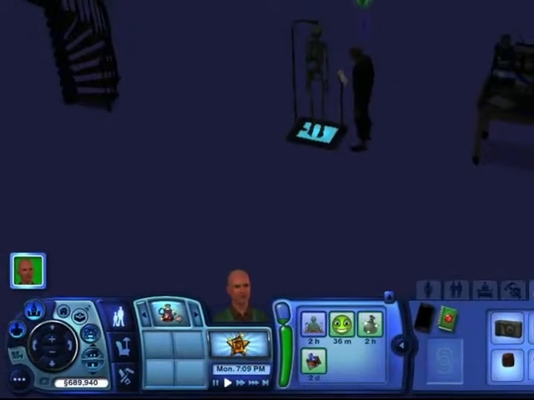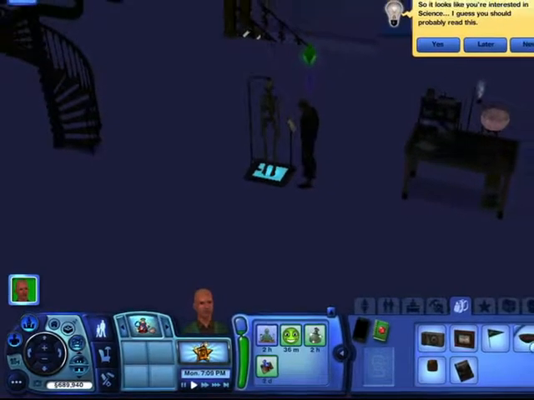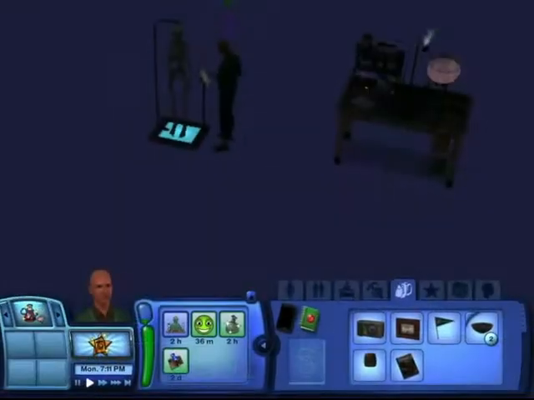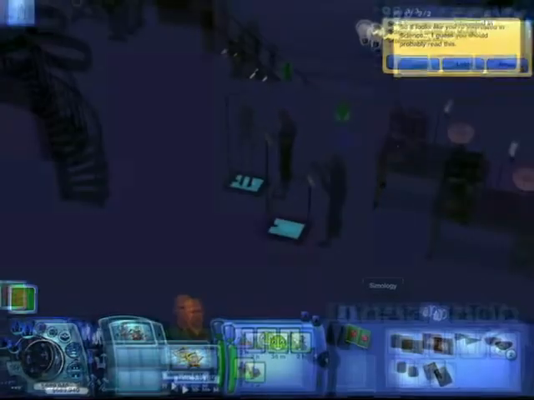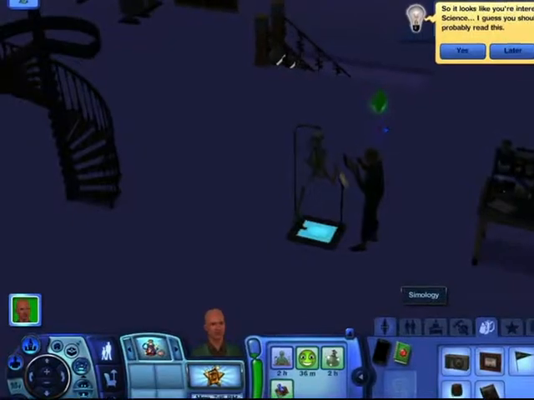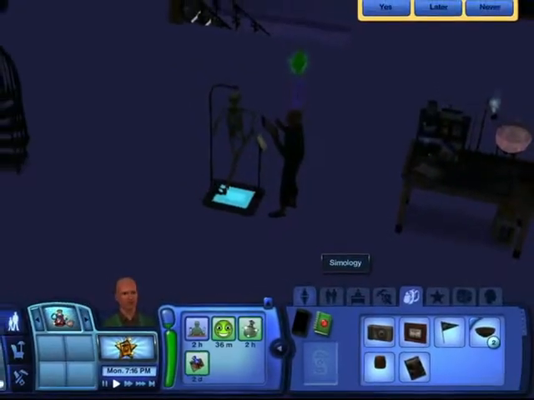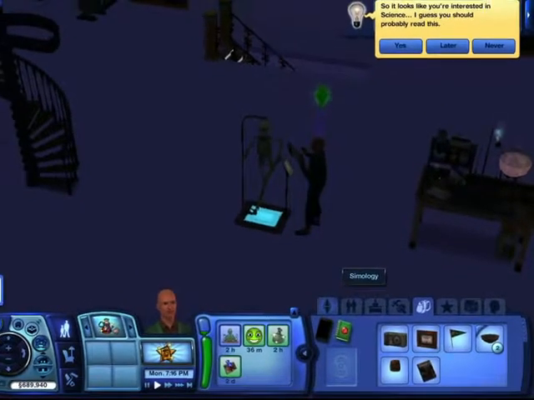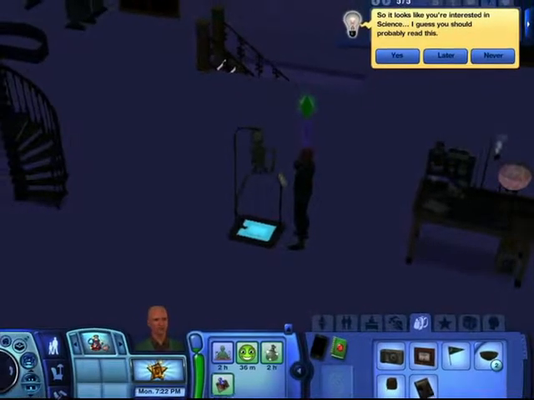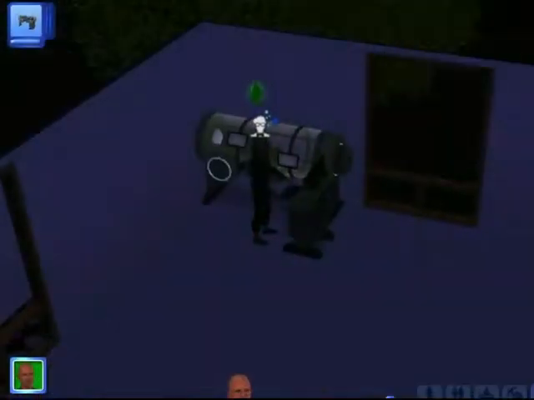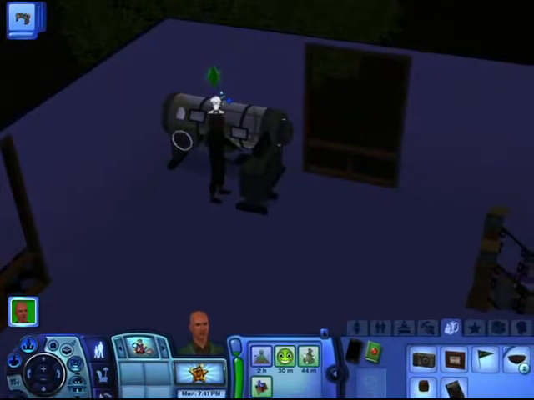Upstairs, students are allowed to see a skeleton and study anatomy. Then they can tour a prototype time machine.